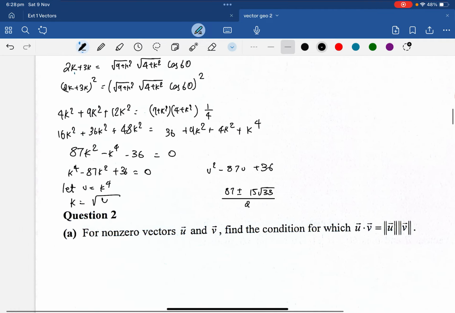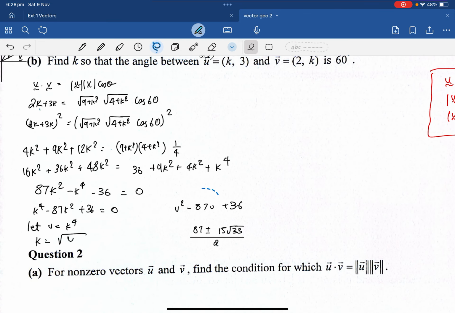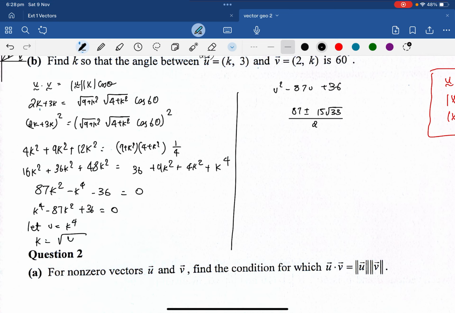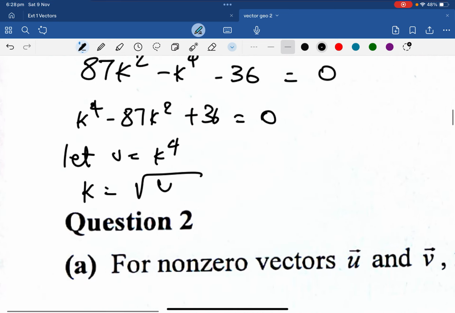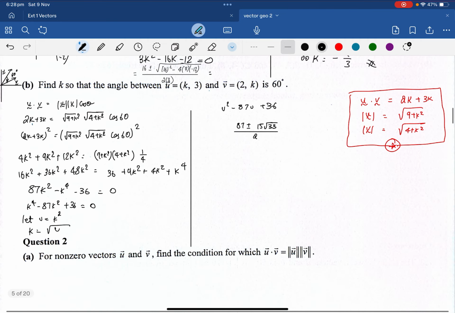Okay, but what I want you guys to remember is something really important here. See how we let u is equal to k, my bad, not k to the 4, I made a mistake there, k squared. Yeah, as if you wanted k, which is what we want in our question, right? We want k, u is equal to k squared.